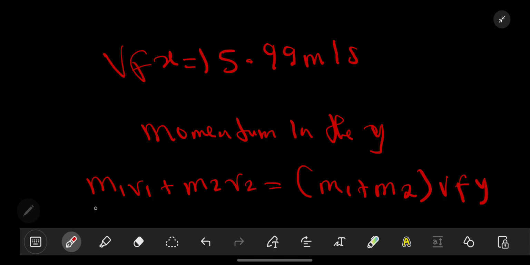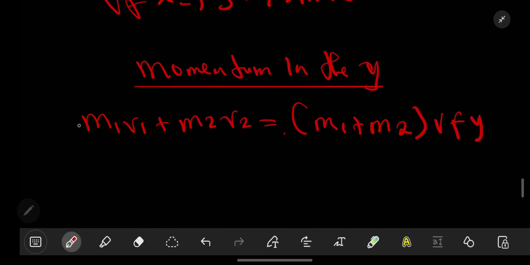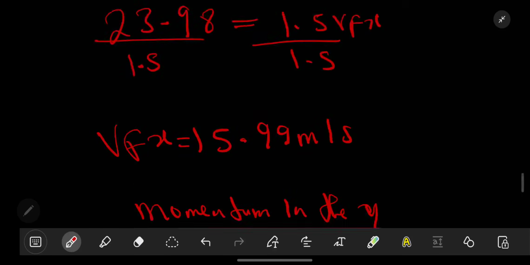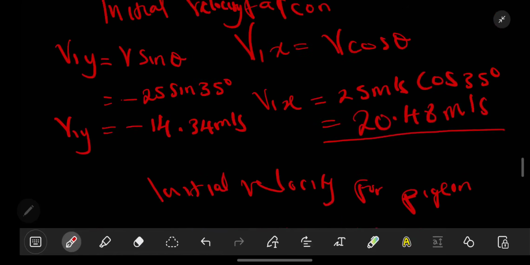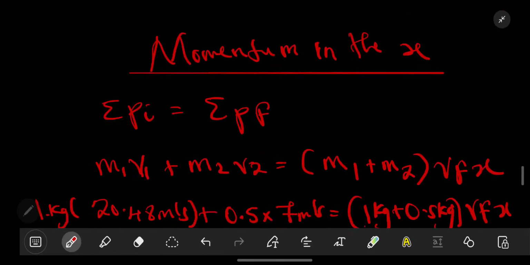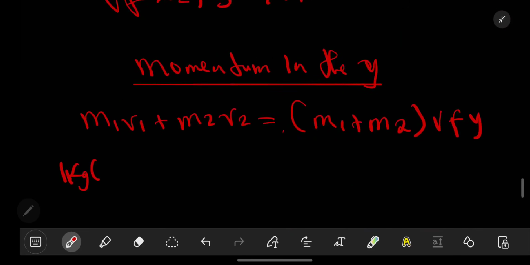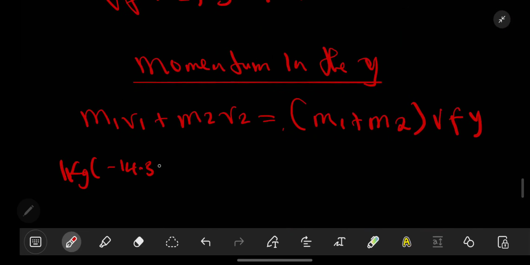Don't forget the title, momentum in the y. So for the falcon, it's 1 kg times the velocity in the y for the falcon, which was found to be negative 14.34 meters per second, plus the mass 2 of the pigeon, 0.5, times its velocity in the y direction.